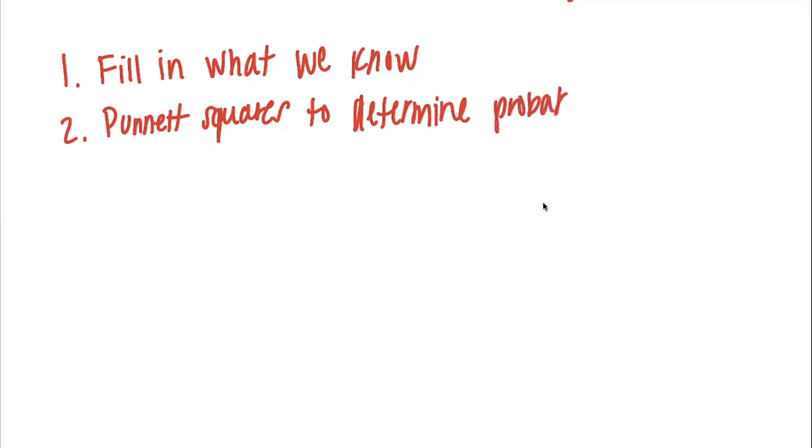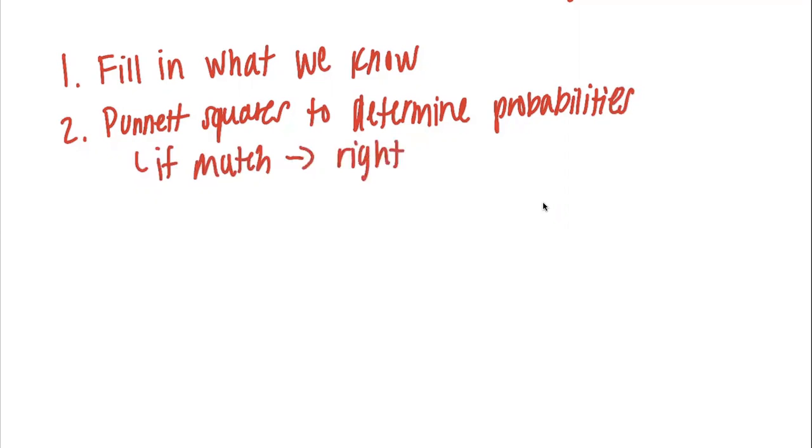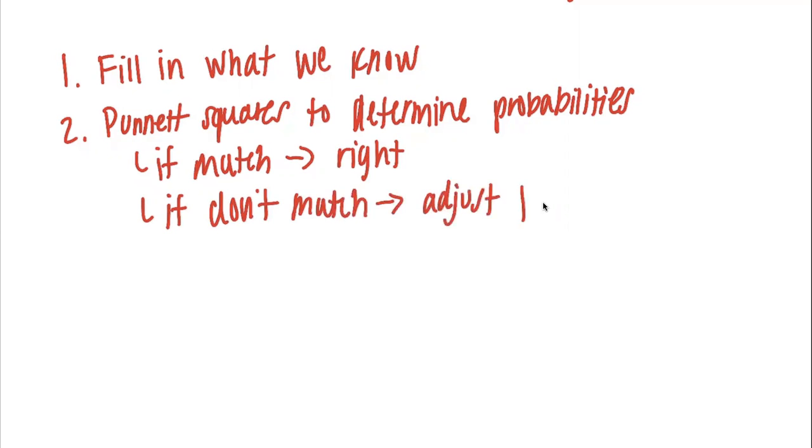So what are the chances that these kids can have these traits if we give them these genotypes? If they match, you're right. If they don't match, we have to adjust the parent genotypes. So those are pretty much our 2 rules.